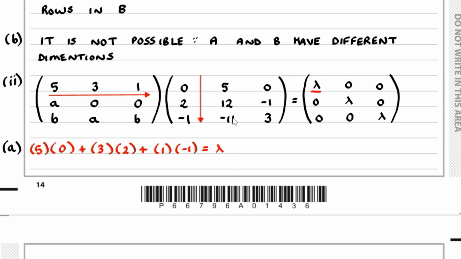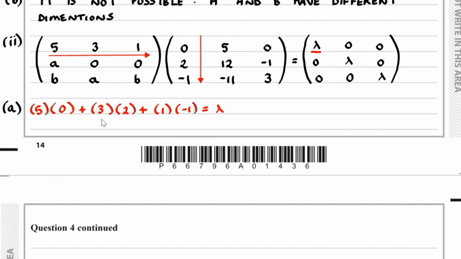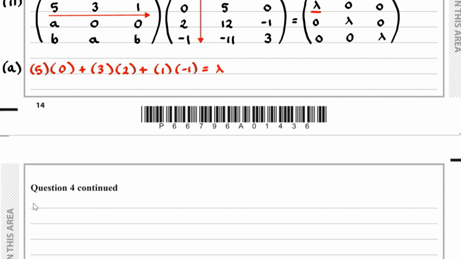So what we can do from here is find out the value of lambda. 6 minus 1 is 5, and so therefore lambda is equal to 5.